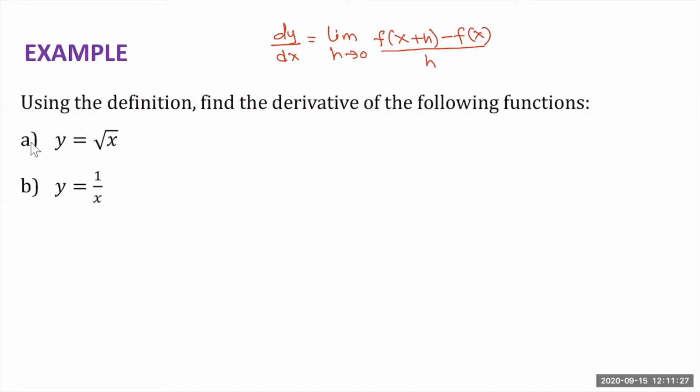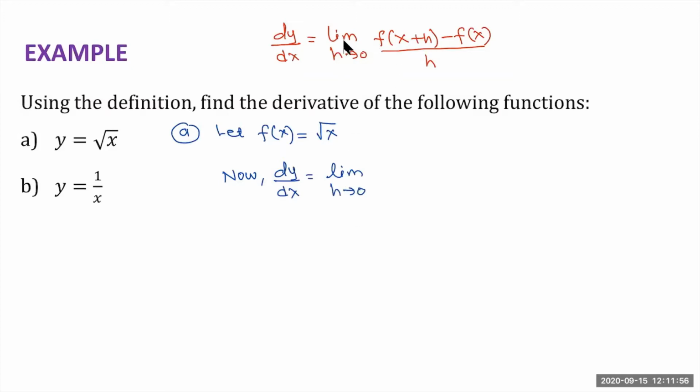So let's work on part A. In part A, we have the function. Let that function be square root of x. Let's write it like that, because we have y equal to f of x, which is the same as f of x equal to square root of x. Now, what we know is the derivative dy over dx is equal to limit as h approaches 0.